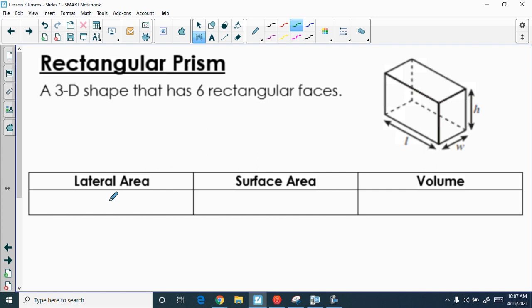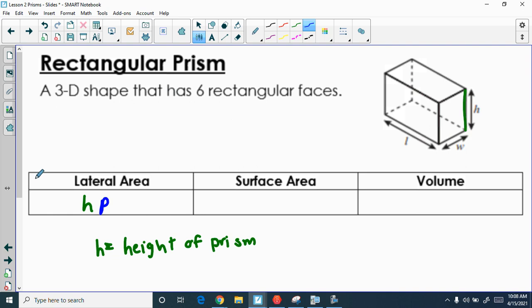So the first one is the lateral area, which is going to be the height times the perimeter. So our height will be the height of the prism. With the rectangular prism, it's always going to be the orientation you're looking at, so it's going to be the one that's vertical there.